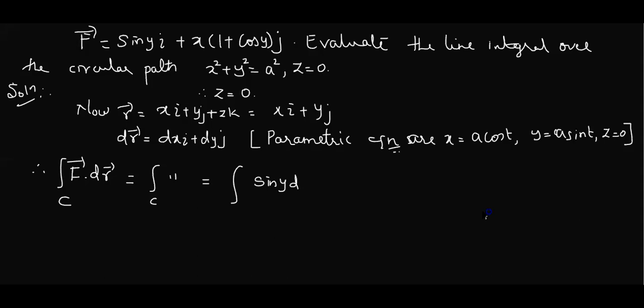Sin y dx, correct? Plus take x inside and multiply with dy. So x into cos y into dy, x cos y dy. Is the step clear?